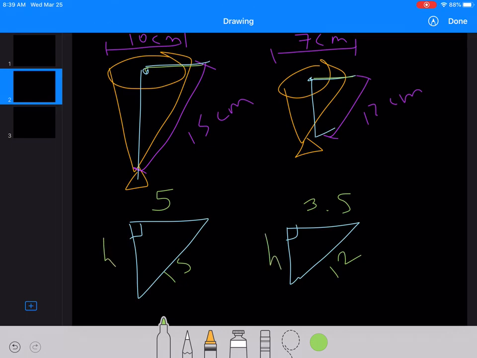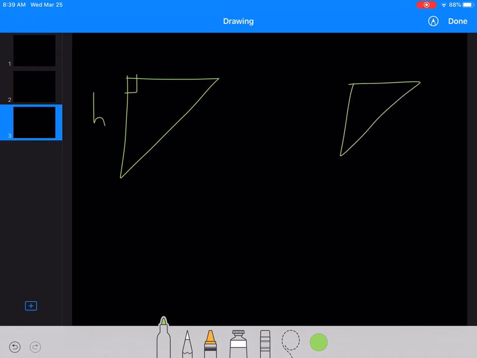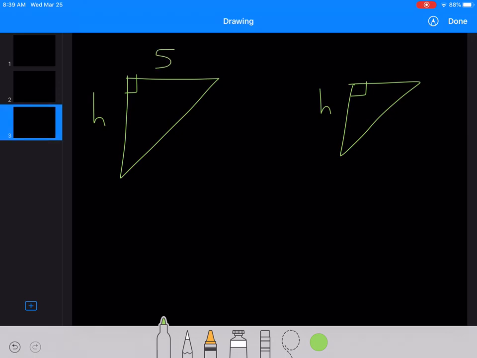And all we have to do is the Pythagorean theorem. So let's rewrite that triangle. It's going to be h. The top of this one was 5. Side length was 15. And the top 3.5 and 12. Alright, so we can do the Pythagorean theorem here.